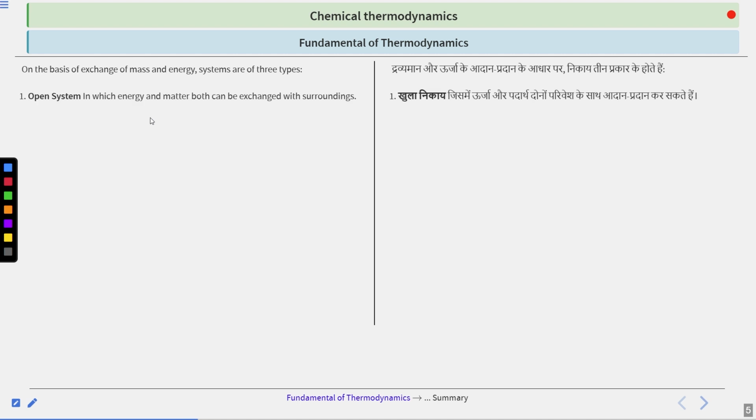So what is an open system? An open system is one where energy and mass both can be exchanged. What is the meaning of this? Suppose you have an open tea cup filled with tea. The tea is able to evaporate.